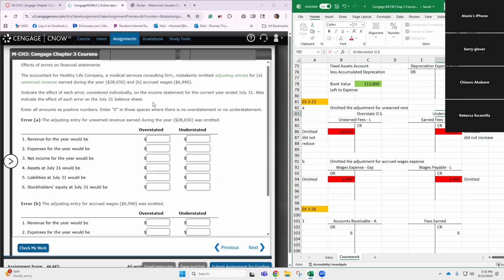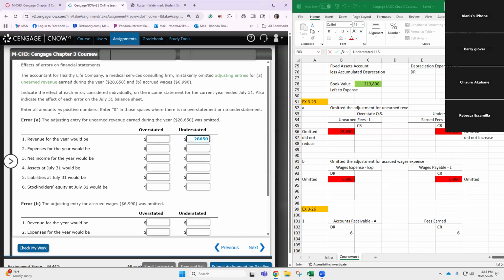Okay, so if we go over here, was revenue affected by the very first omission? The answer is yes, it was. It's understated by how much? However much the omission was is however much the revenue is understated. So put that in, please.